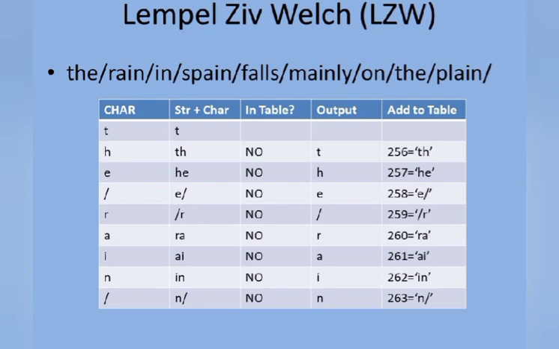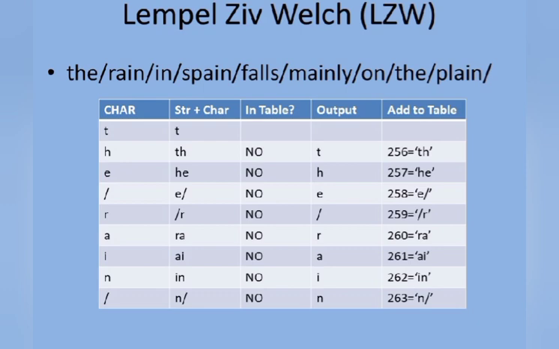Then we will look in our table, the extended ASCII table, whether that entry exists or not. The fourth column is the output. We will output the previous character, and finally the new entries will be added to the table.